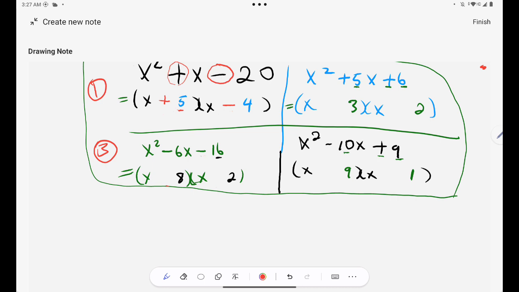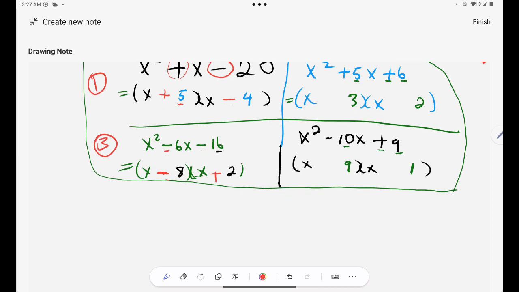I just look at my factors, and the bigger factor will always take the sign of the middle term. In this case, 8 is bigger than 2. That means the sign of the middle term will come here, and here it will be its opposite. Are you together? Please pause the video and do the example on your own.